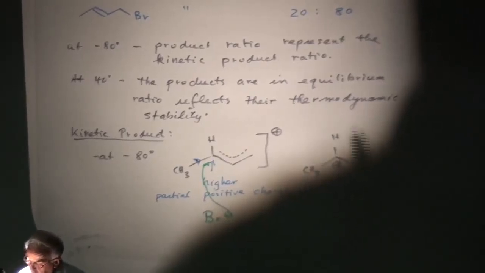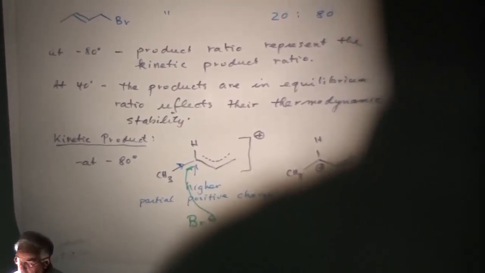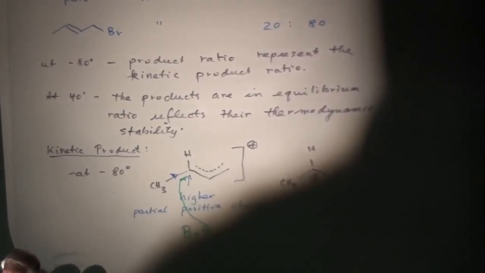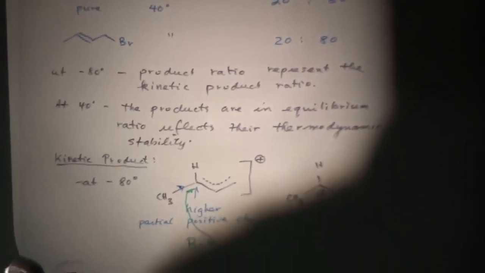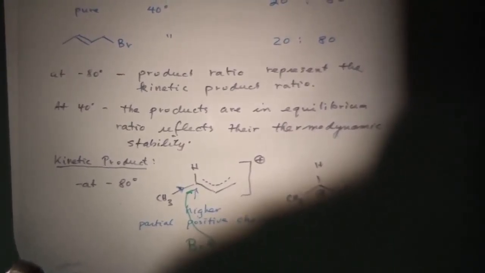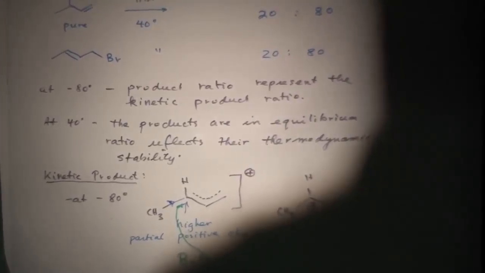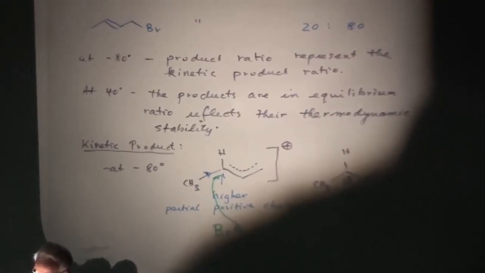So the real molecule is more like this one than this one, and the bromide ion then simply comes along, and this is the preferred, the kinetic preferred product. Okay?